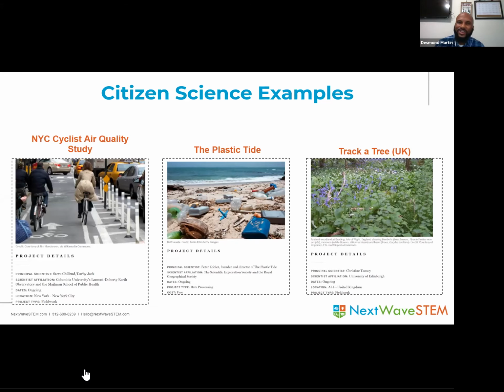This project has been going on now for over a year, and it has received some really interesting data with regards to air quality because of the decrease in motorized vehicles in New York City because of the pandemic. It is a chance for students to actually take air quality measurements, both qualitative and quantitative, and help scientists understand what's happening around them. Students who are living in New York have a really vested interest to know how clean their air is and what the science is telling them.